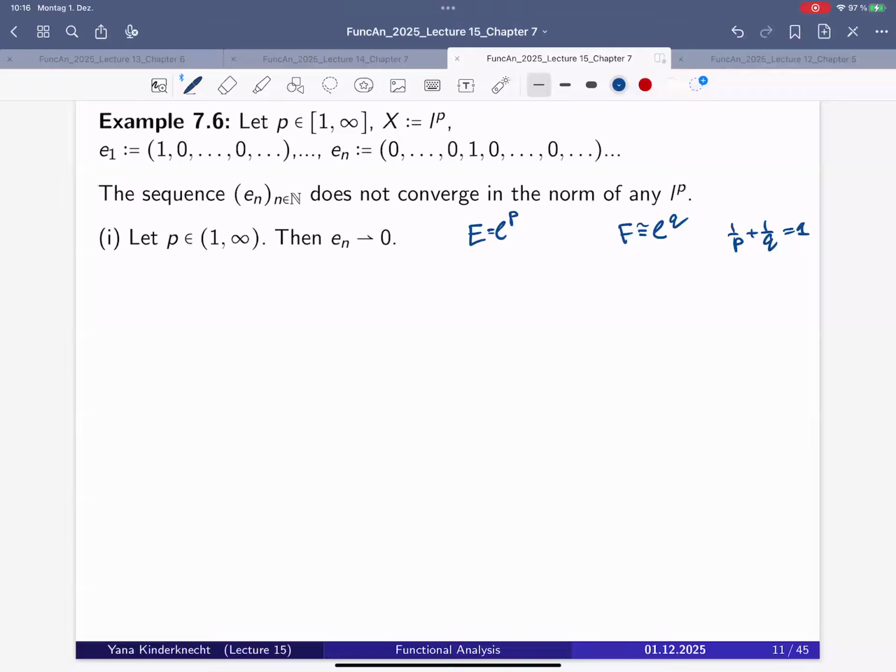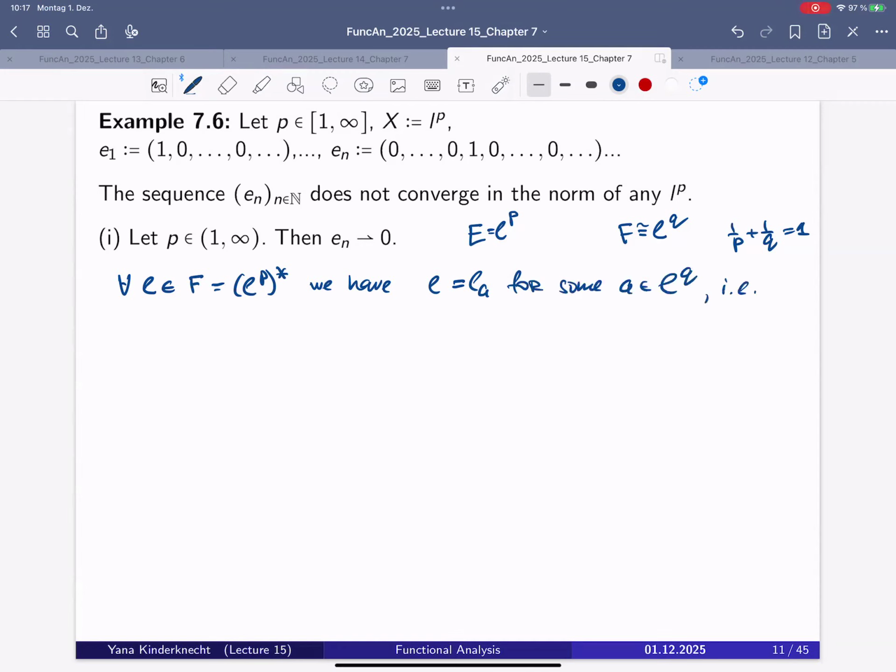So for any L which belongs to my F, which is LP dual, we have that L is equal to LA for some A in LQ.